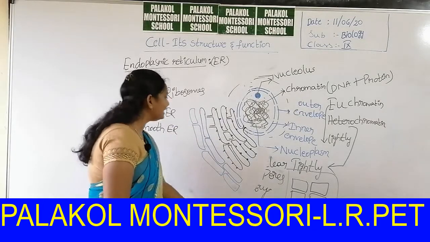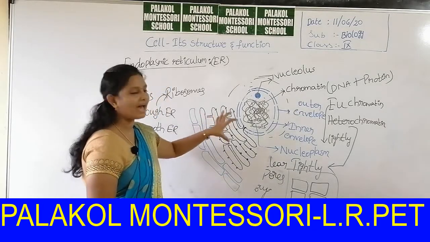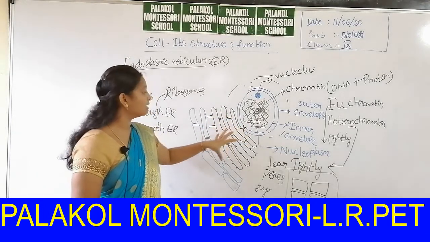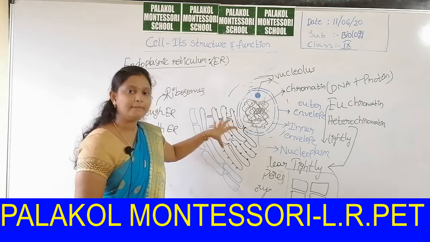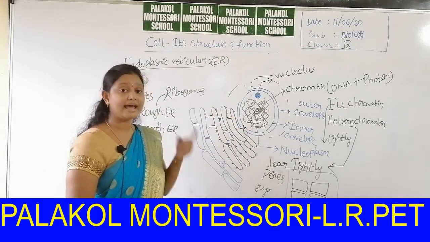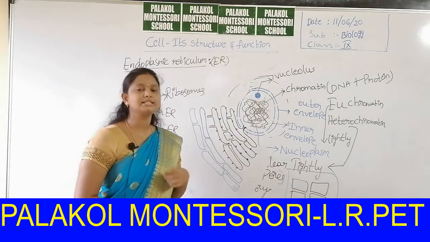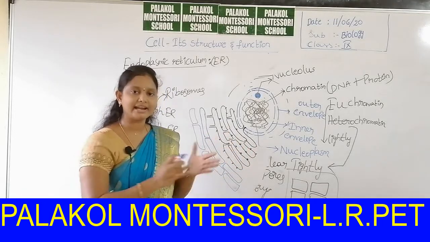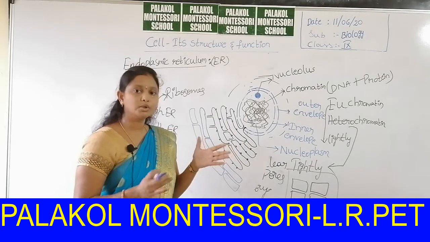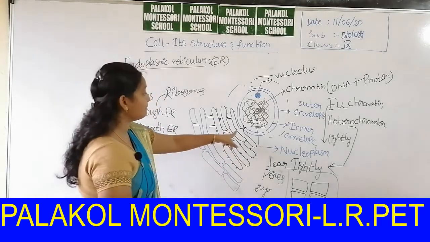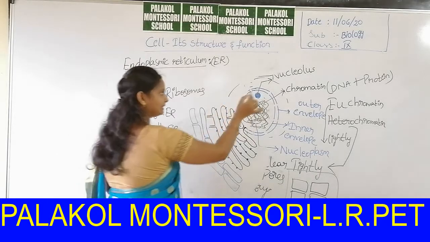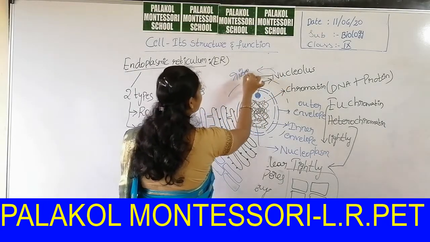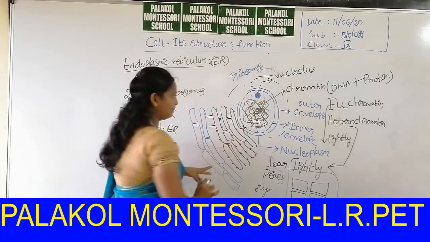What is the need for having ribosomes on the surface of the endoplasmic reticulum? Because in this area only protein synthesis will occur. I explained that translation is a process by which RNA will synthesize proteins, through these ribosomes. What is the function of the nucleus? Synthesis of ribosomes.